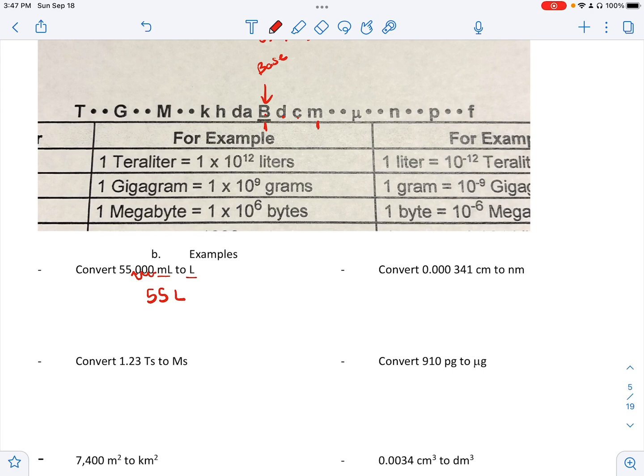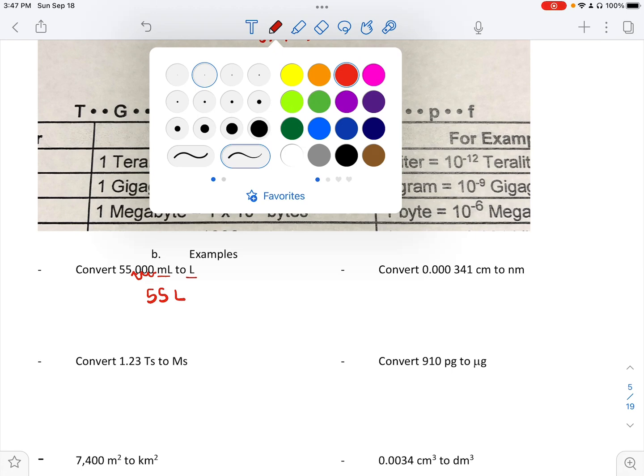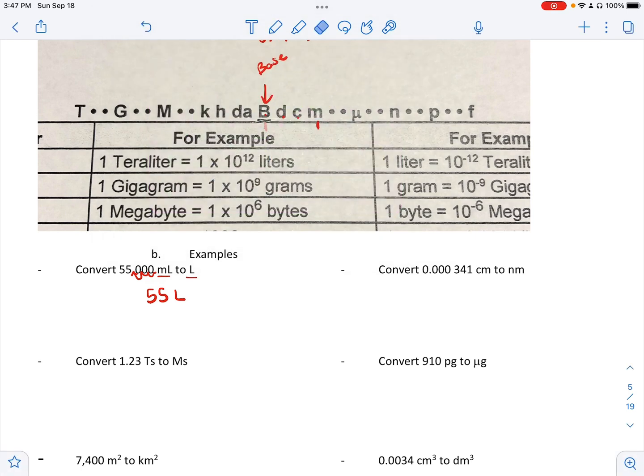Okay, let's try another one, moving to the right. We're going to do 0.000341 centimeters to nanometers. I'm going to change colors and erase what we have there. I'm going to leave the base stuff there. So we're at centimeters and we're going to nanometers. We must count those dots.